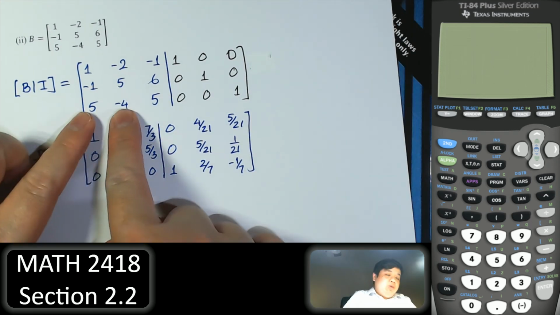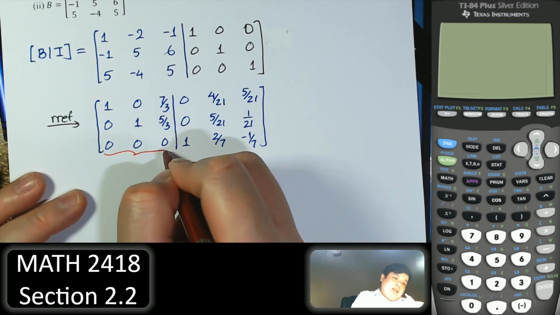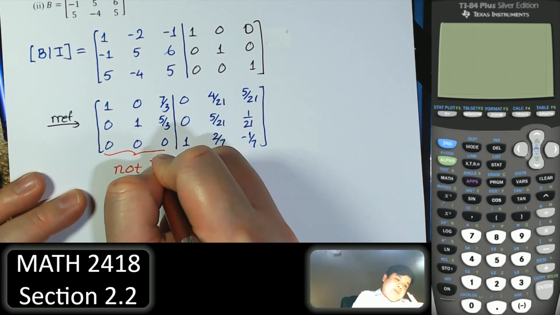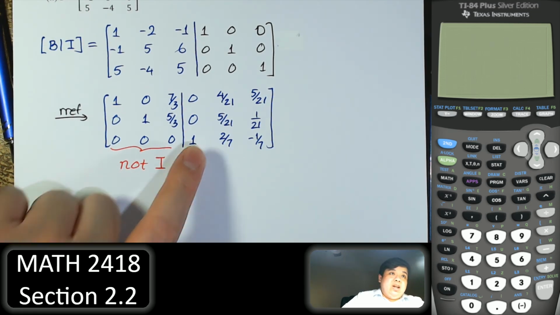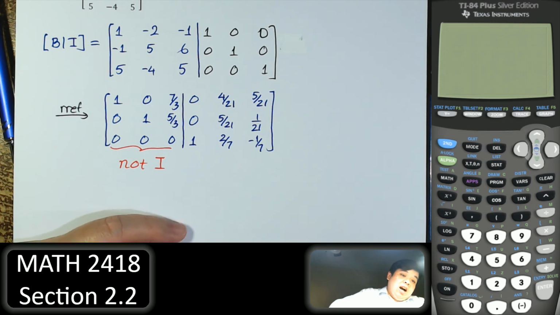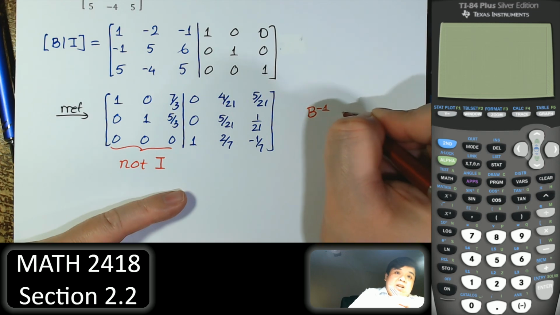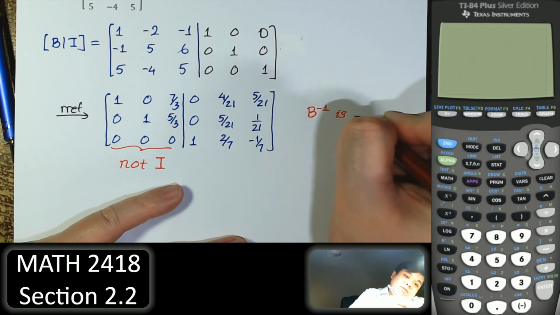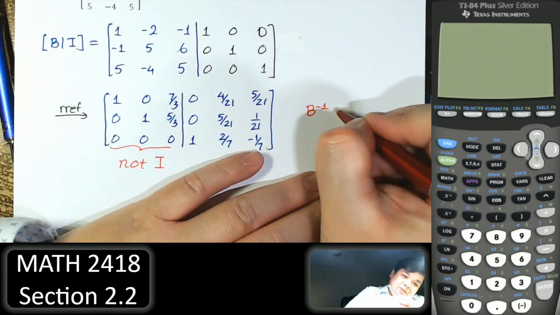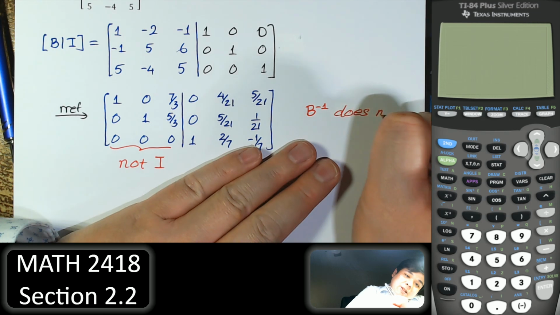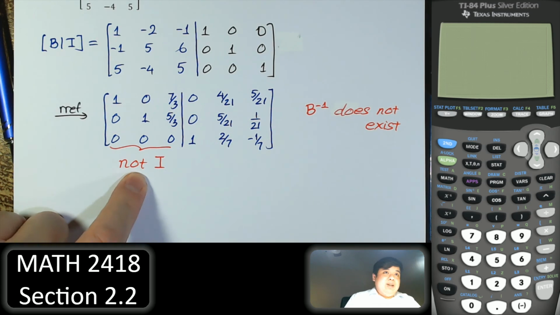So the matrix and the identity matrix, reduced to echelon form, we have this. However, this is not the identity matrix on the left hand side, so in that case this is not the inverse. If we don't have the identity on the left hand side, we say the inverse does not exist. So in this case, B inverse does not exist. Or just say it does not exist, which makes more sense, because we do not have the identity matrix on the left hand side.